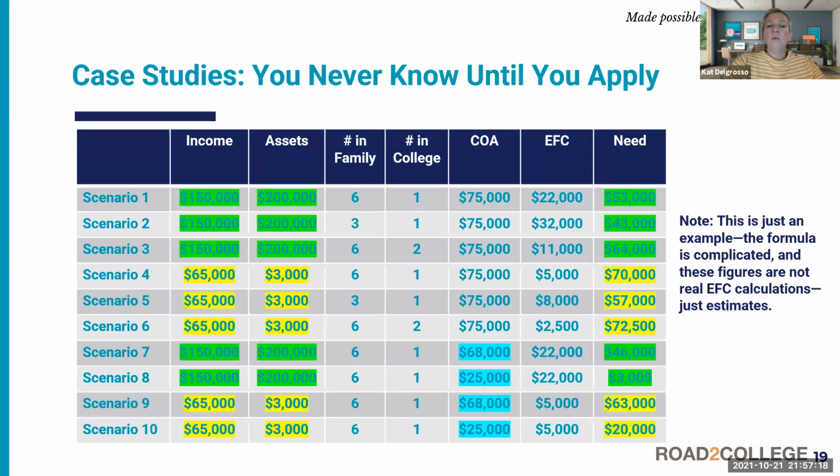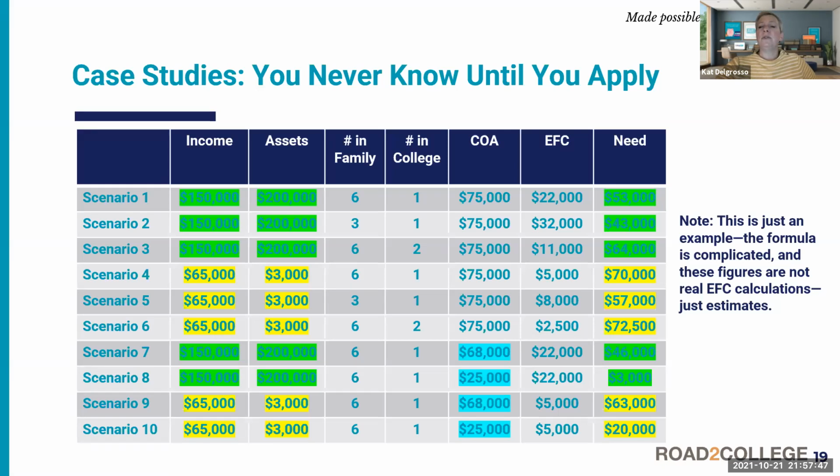Scenario 1 is a family of 6 with 1 in college, but that same income and assets in scenario 2 is a family of 3 with 1 in college. Let's compare those first. The cost of attendance in the top 3 green examples is $75,000.